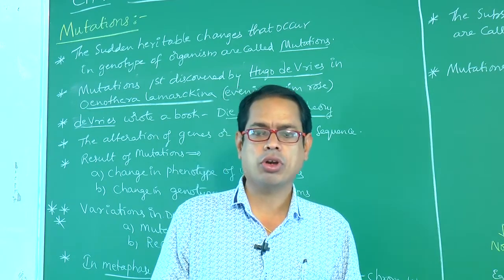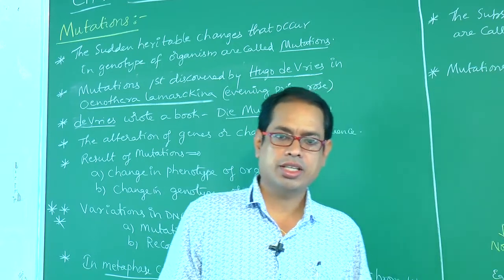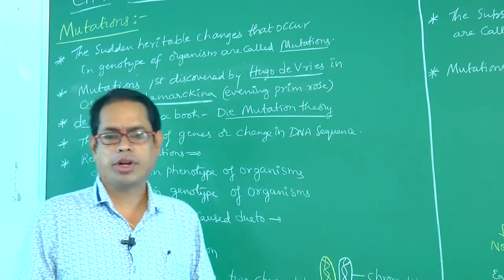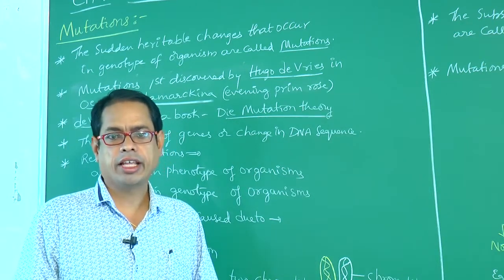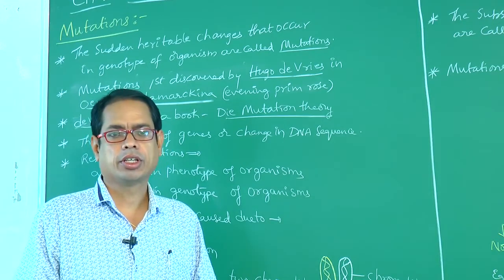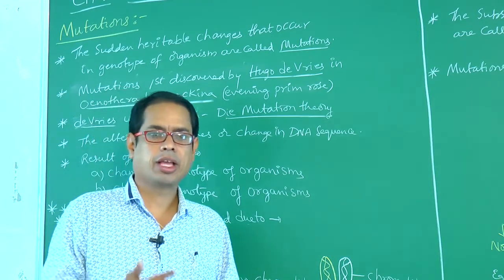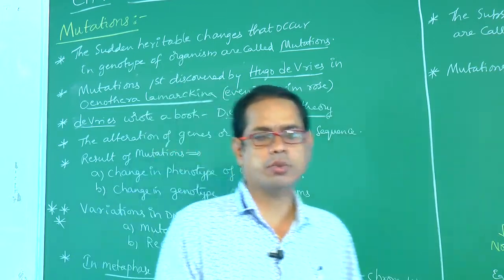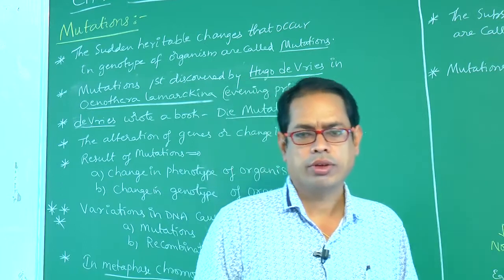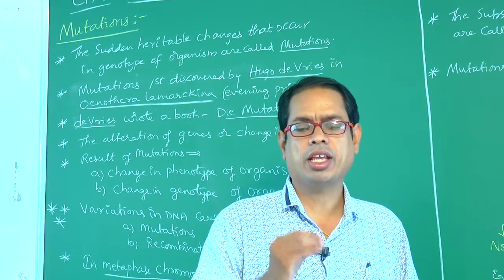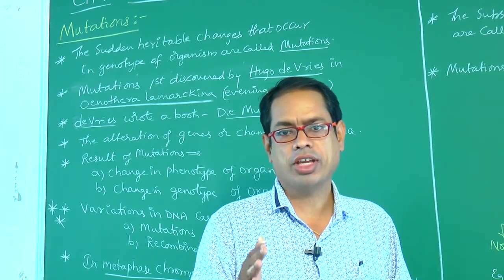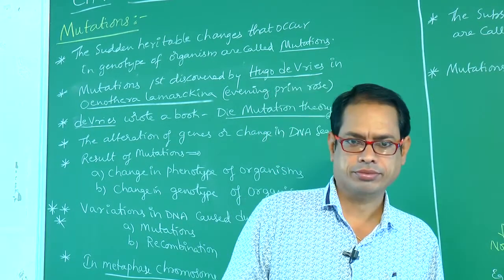De Vries wrote a book called The Mutation Theory. When mutation occurs, there will be a change in genotype, and as the genotype changes, there will be a change in phenotype. So the result of mutation is both a change in genotype and a change in phenotype.